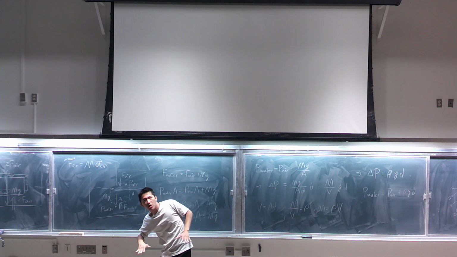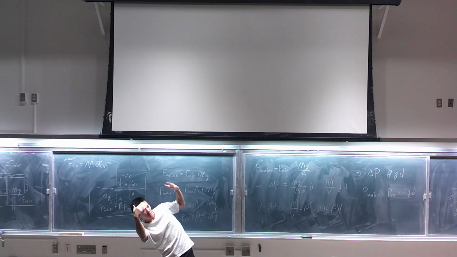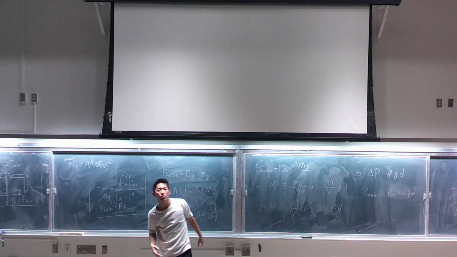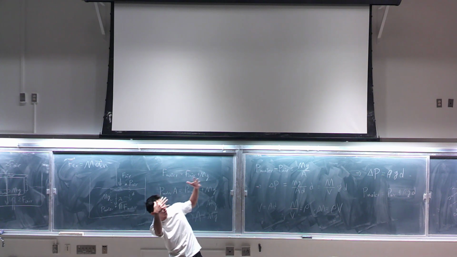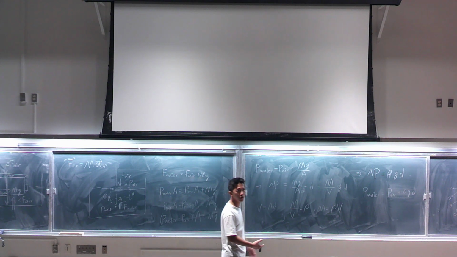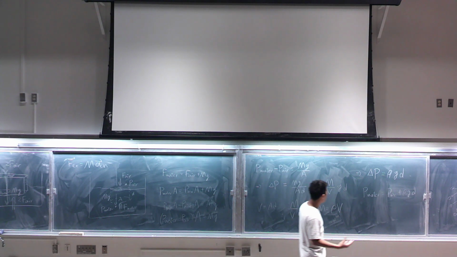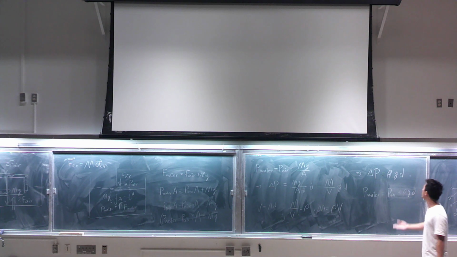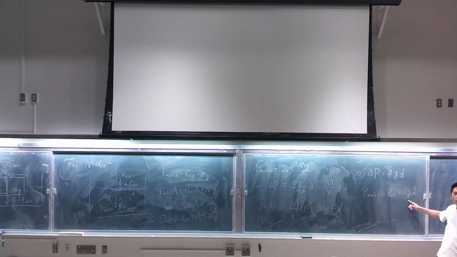So the deeper you go, the more water on top of you going down and the bigger the pressure. That's why the pressure will increase, and exactly, it will be increased by rho g d. Rho is the density of water, g is gravity, d is how deep you go down. Okay?